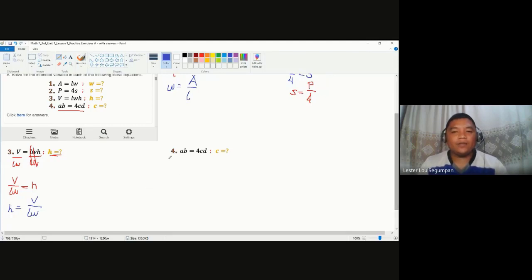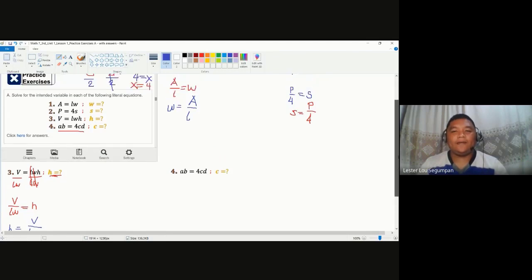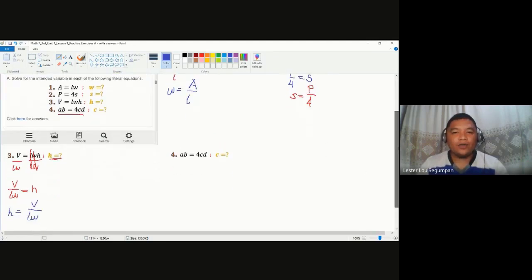And finally, we could use the same process in number 4. In number 4, we're looking for C. Since C is located here on the right-hand side of the equation, we remove the other coefficients here, which are 4 and D. And since all these 3 coefficients are separated in multiplication, we still resort to dividing both sides by 4 and D. So 4 could be removed and D could be removed.